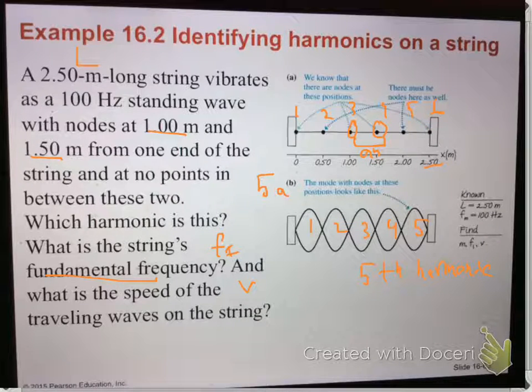Alright, what is the string's fundamental frequency? So if it is the 5th harmonic, therefore 100 hertz is equal to F5. So that's the frequency of the 5th harmonic. Remember that F5 is equal to the mode number times F1.